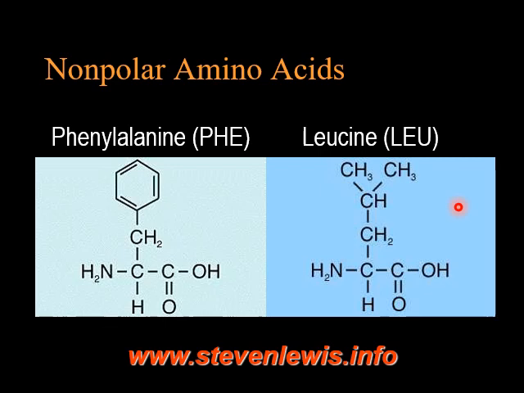Notice that it has a hydrocarbon side chain which ends in 2 methyl groups. A methyl group is a carbon bonded to 3 hydrogens. This is sometimes called a branched chain amino acid because it forms 2 branches composed of methyl groups.